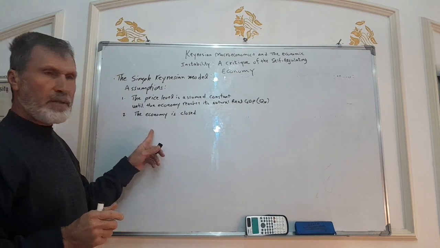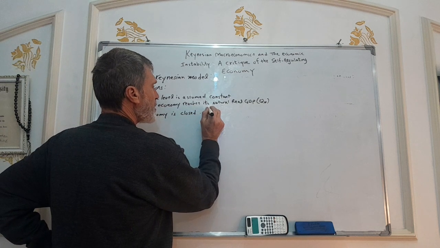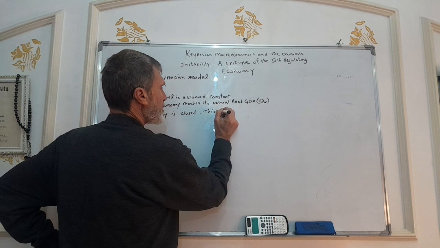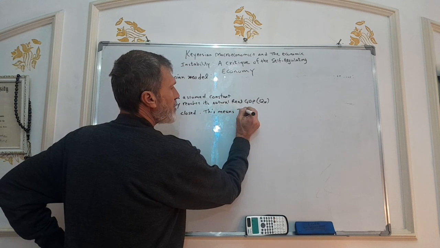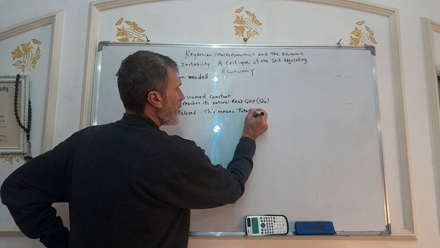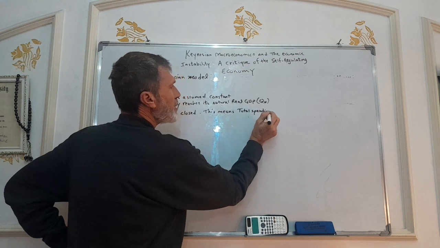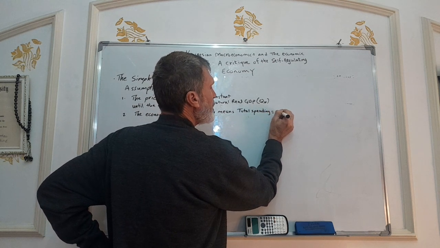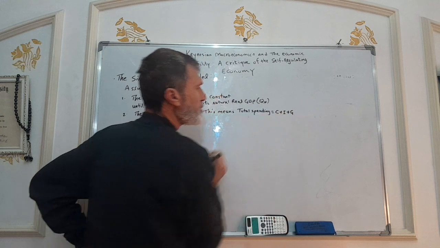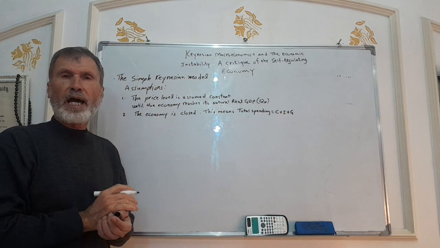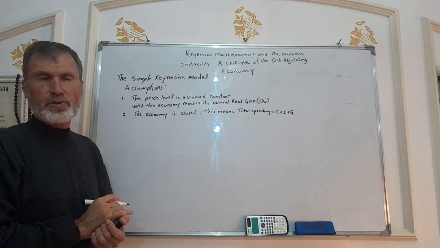Because the economy is closed, total spending is equal to consumption plus investment plus government purchases. We don't have net exports because the economy is closed.